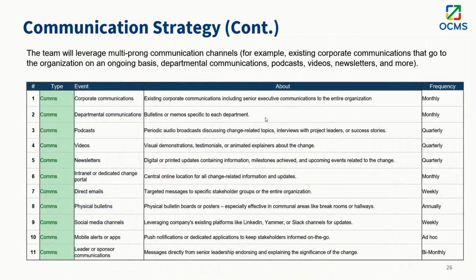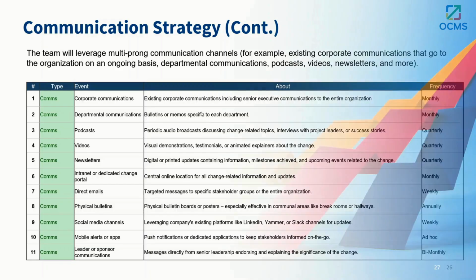Within the playbook, you will notice we have also included the channels that you can use to communicate out your change project. This is a template, meaning you have to take this and make changes to it to ensure it matches your project and also your organization.